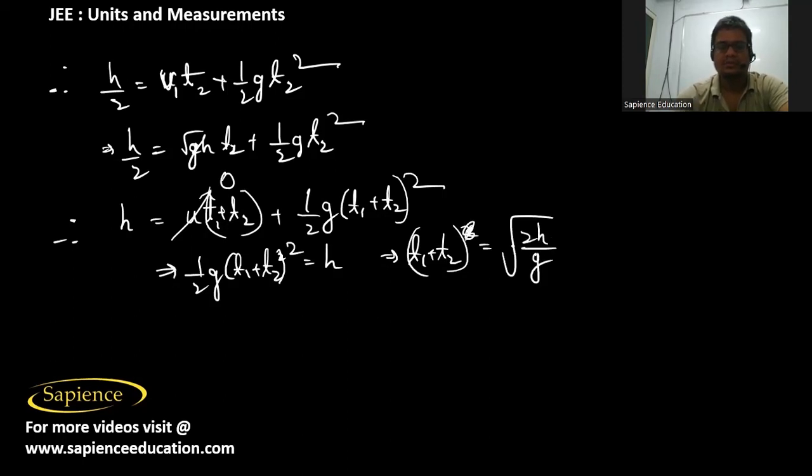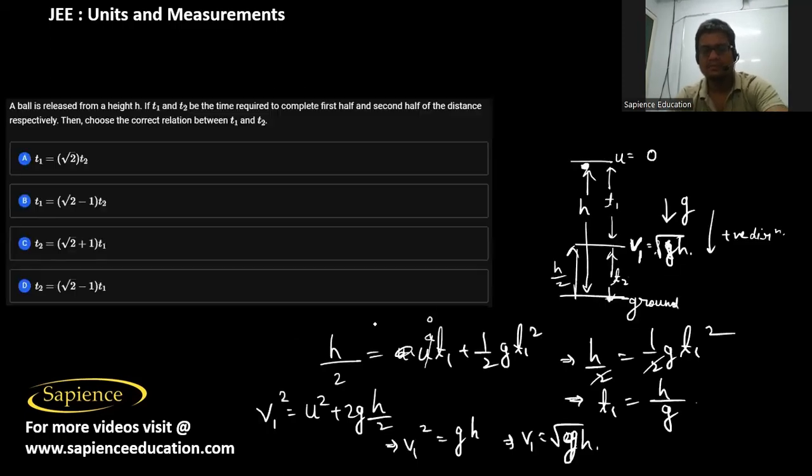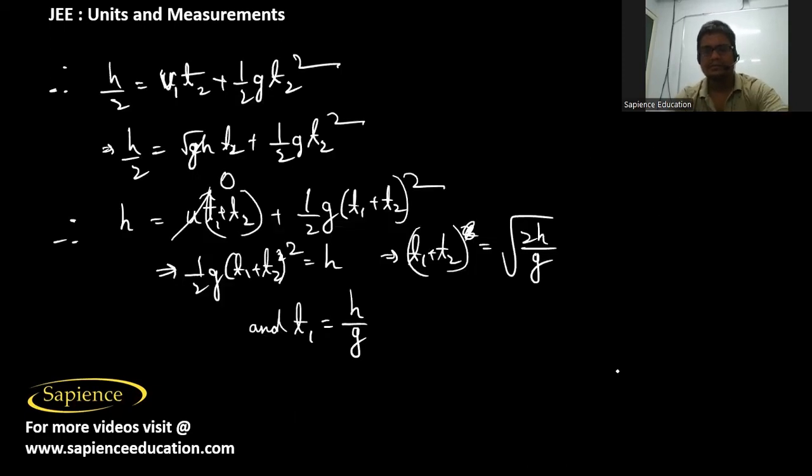So t1 plus t2 is root over 2h by g, and t1 square is h by g. So t1 will obviously be root over h by g.